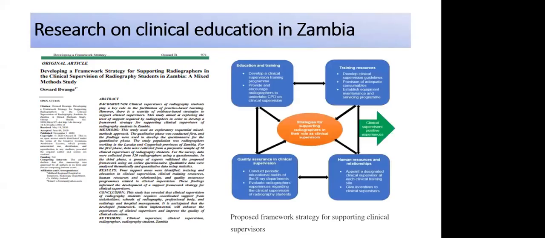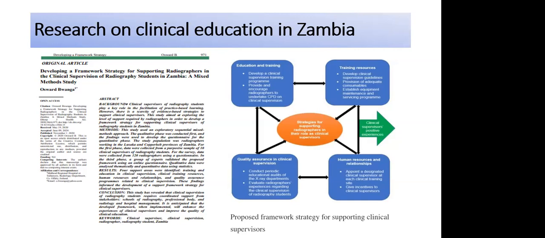Okay, so we have this paper where they developed a framework. This was done by Dr. Bwanga, to develop a framework strategy for supporting radiographers, okay, in clinical supervision of radiography students in Zambia. So he came up with so many strategies that he proposed to us to implement, okay? And he said, we need to have an education and training program to teach clinical educators, okay?